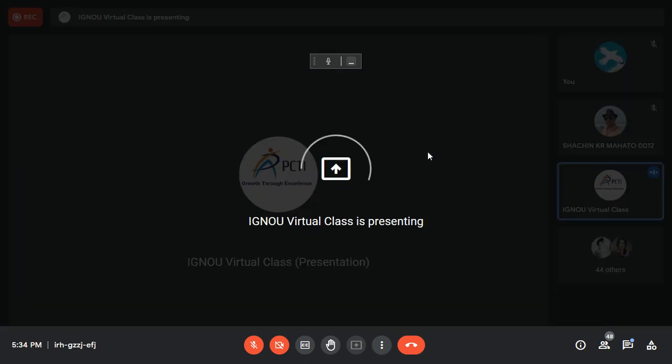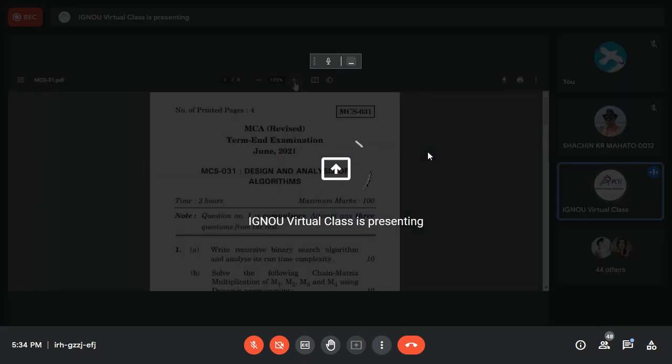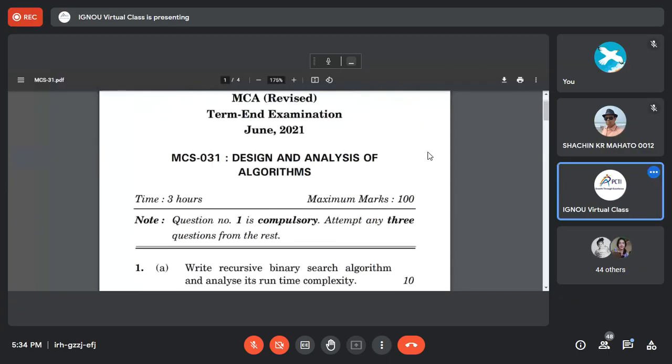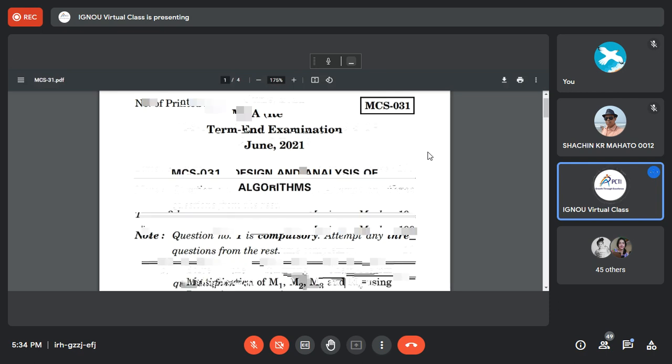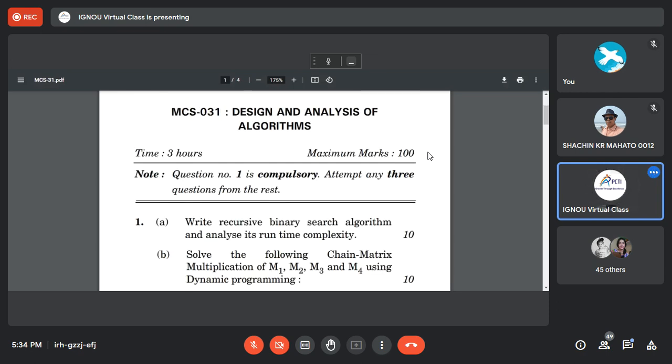So you will get this kind of question. You always get a 3 hours, 100-mark question paper. Question 1 is always compulsory for all, and you have to attempt any 3 from the other 4 questions. The first one is: write the recursive binary search algorithm and analyze its time complexity.